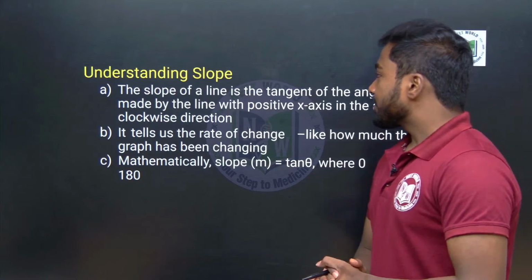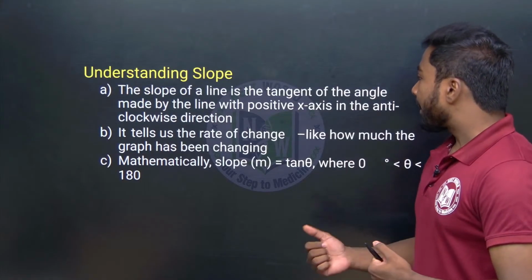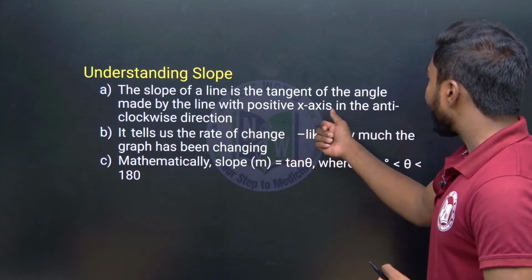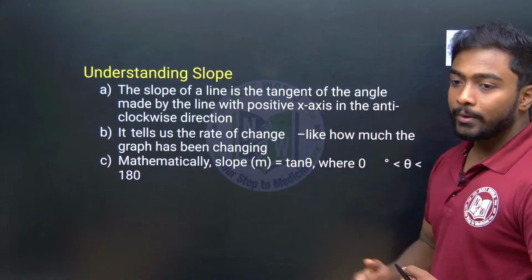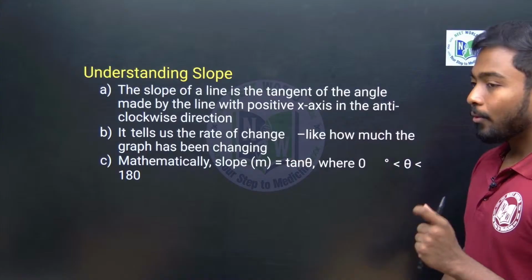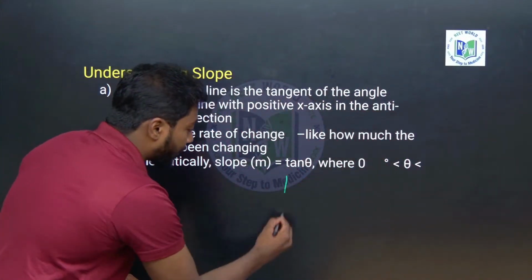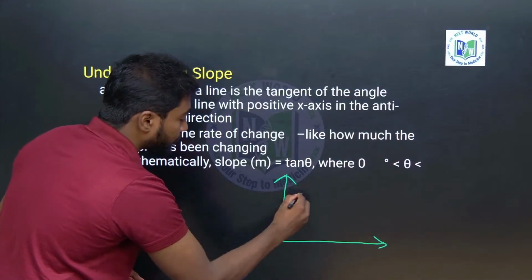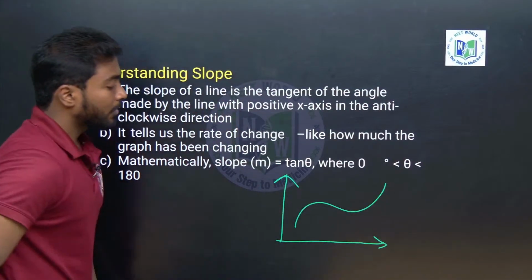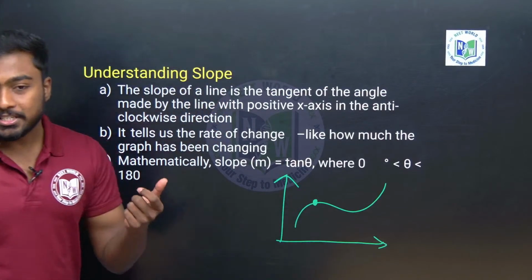Next, understanding slopes. The slope of a line is the tangent of the angle made by the line with the positive x axis in the anti-clockwise direction. Where do we use this slope? Whenever I take a graph, at this point, how much the quantity has changed.